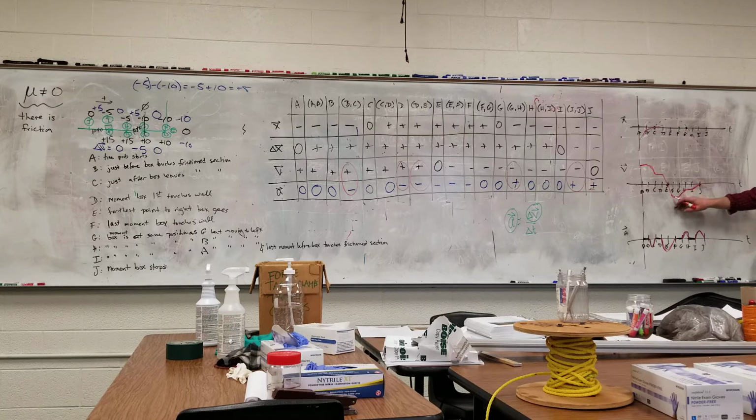Then it becomes negative again. Drew that up a little bit higher than it will end up being. It should be a straight line again from F to G. And then the slope is negative.